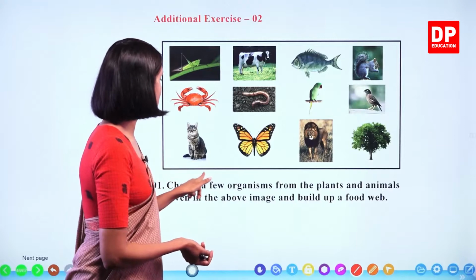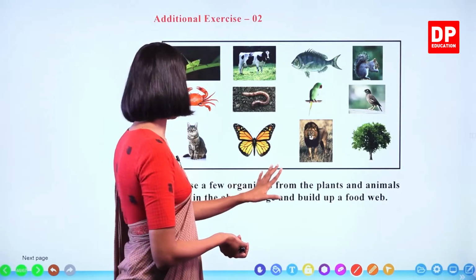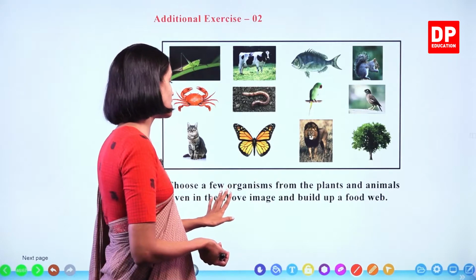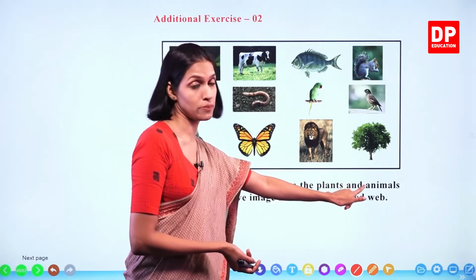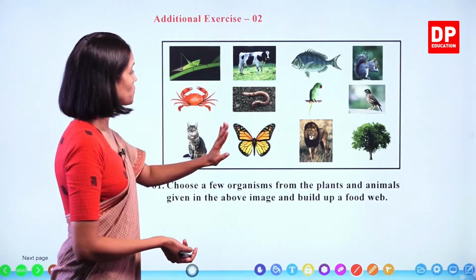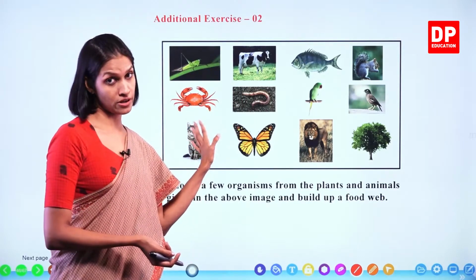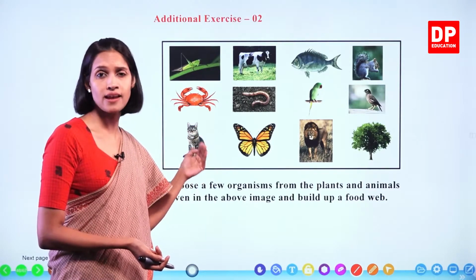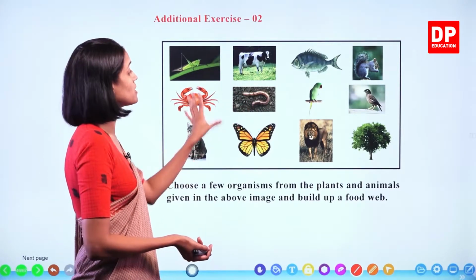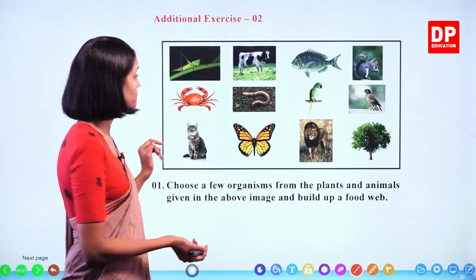Choose a few organisms from the plants and animals given in the above image and build up a food web. We'll do it now. We can do it in different ways. Your food web doesn't have to be exactly like mine because there are different ways of making food webs, okay?